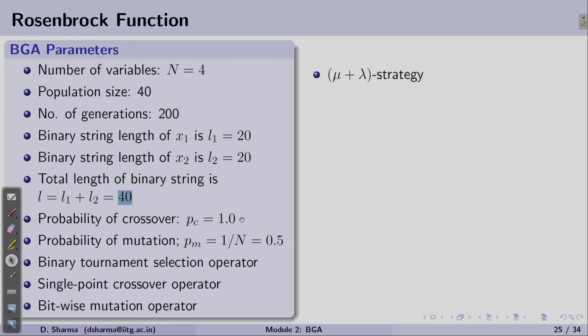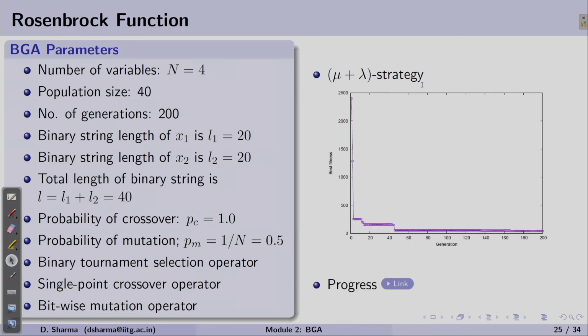The probability of crossover is kept 1. The probability of mutation, again we kept 0.5. The operators are binary tournament selection operator, single point crossover, bitwise mutation, and mu plus lambda strategy.